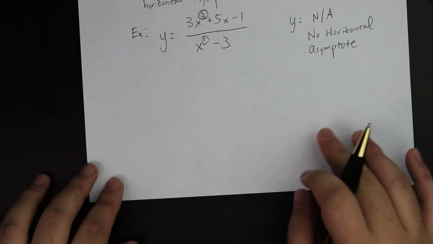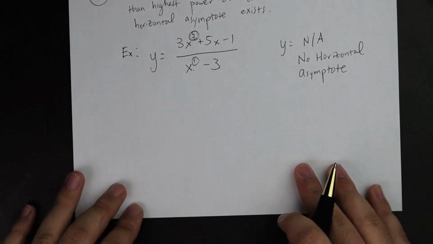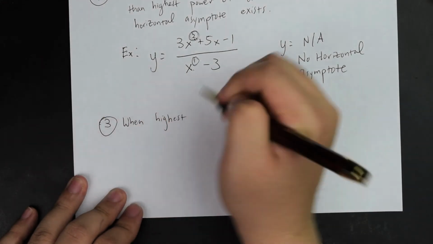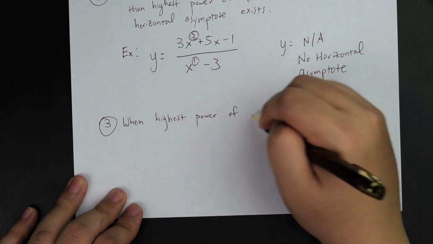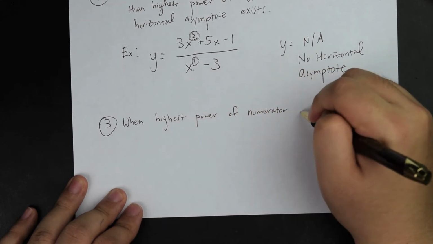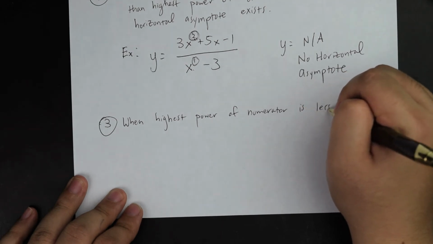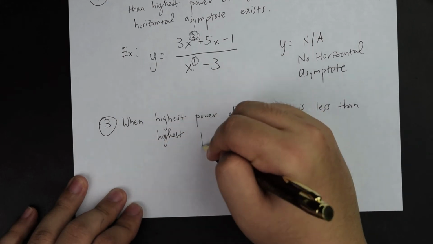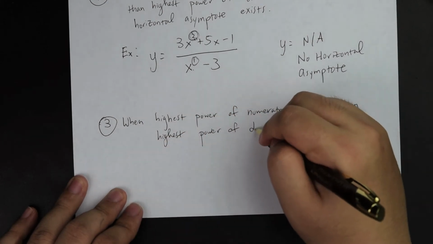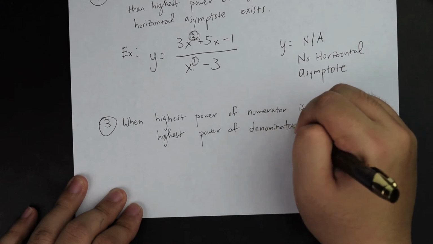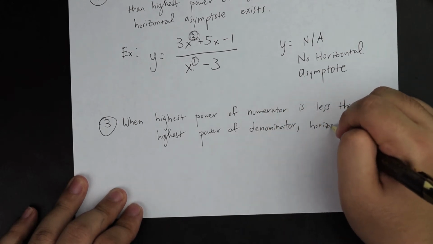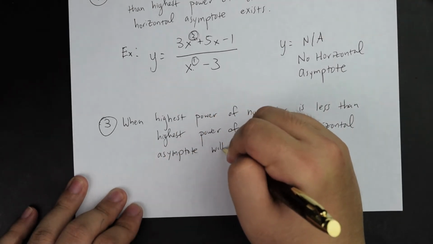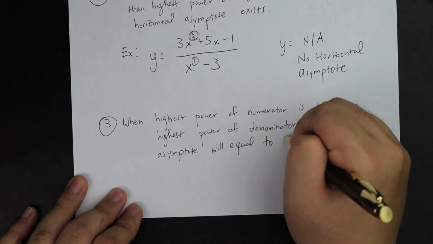And there is one more rule that exists based on horizontal asymptotes. Rule number 3: when the highest power of the numerator is less than the highest power of the denominator, the horizontal asymptote will equal 0.